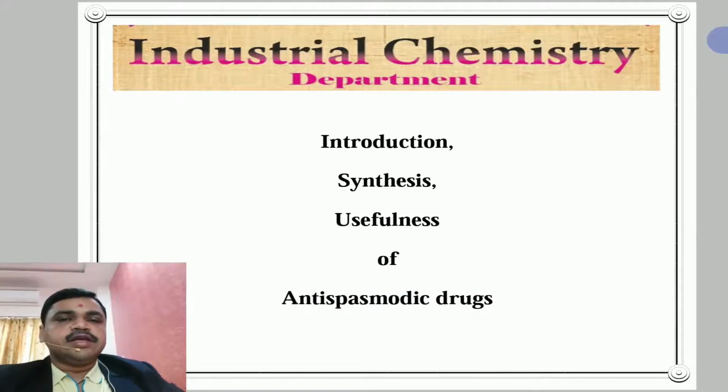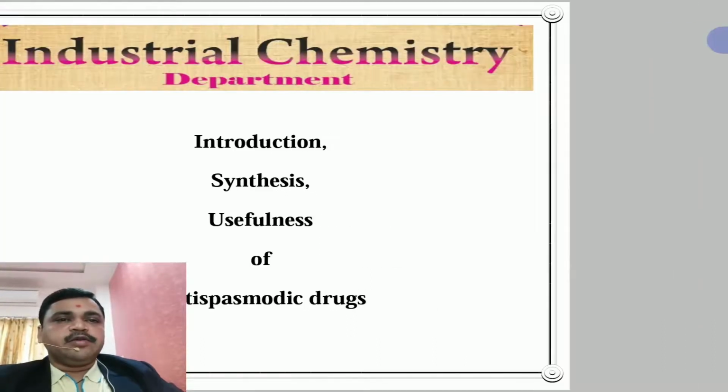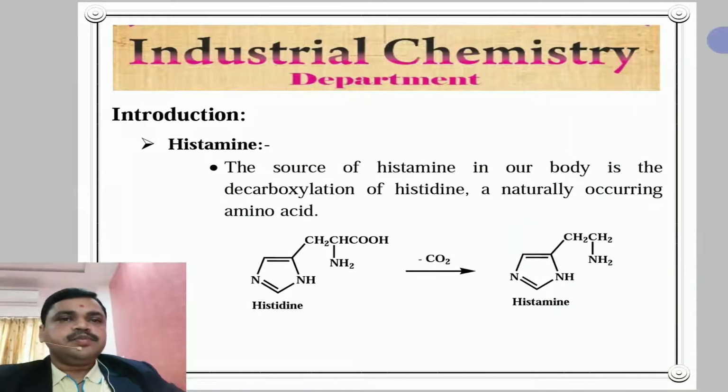Antihistamine drugs. In these drugs, first of all, we introduce this class and then we synthesize some antihistaminic agents. So we start with the introduction. First of all, we study histamine.